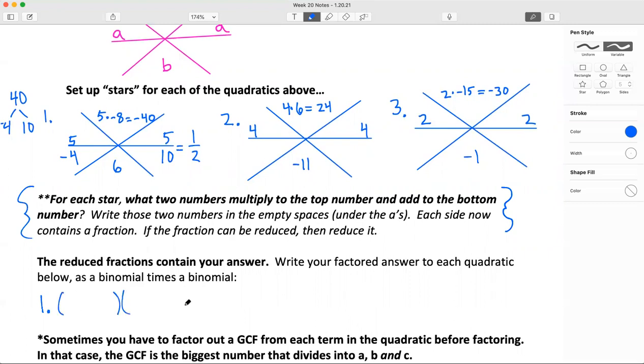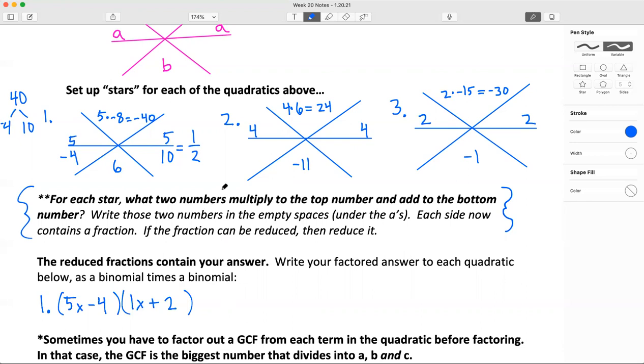So you have parentheses, parentheses, binomial times binomial: 5x minus 4. That's your first factor. Your second factor is 1x plus 2. And you're done. If you don't want to write the 1 there, you don't have to. It's okay, but just so that I can be consistent.